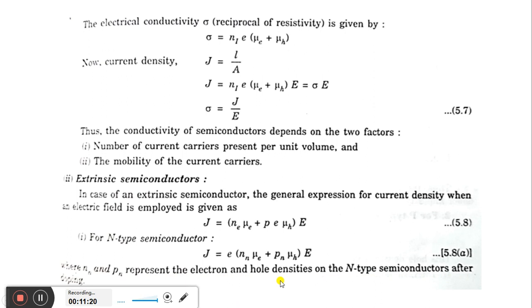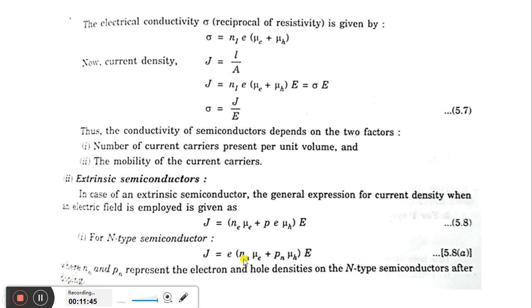So this is the current density of an extrinsic semiconductor material, and we have derived the relation for the current density in the case of an n-type extrinsic semiconductor. Now let us talk about the p-type semiconductor material.